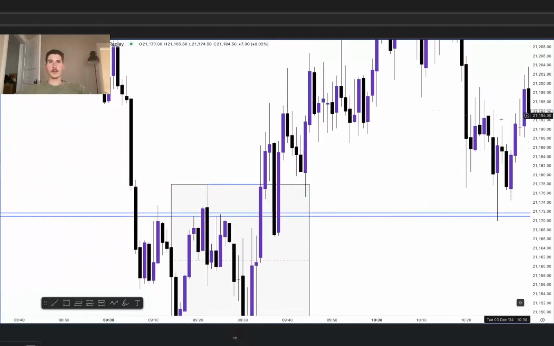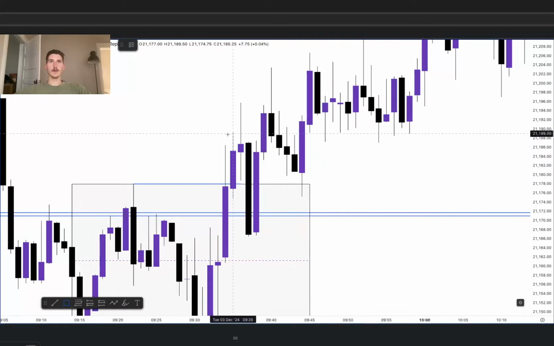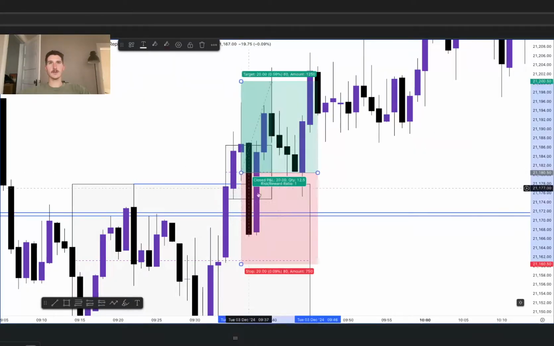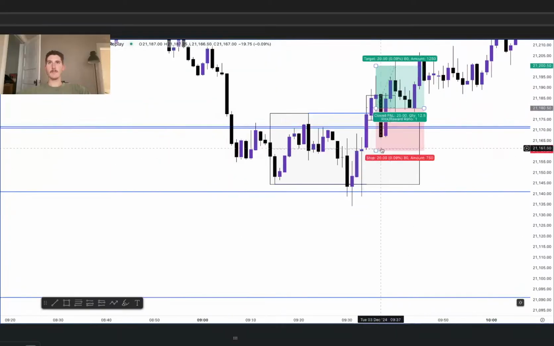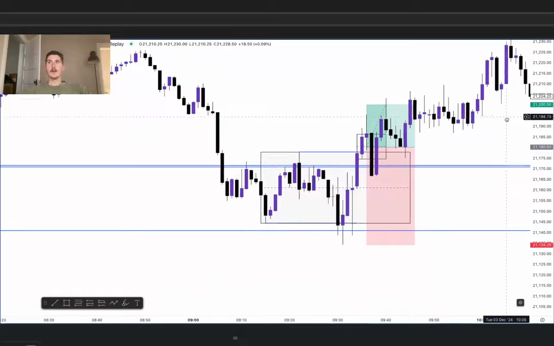And then once we get that closure, I would maybe look for the space in here, right? This fractal between this high and this low that continues as higher. Maybe I would look for price to retrace just a tiny bit. Maybe I would market enter, maybe a tiny retrace, whatever it is, right? But I'm putting my stop underneath the flip, believing in the trade.